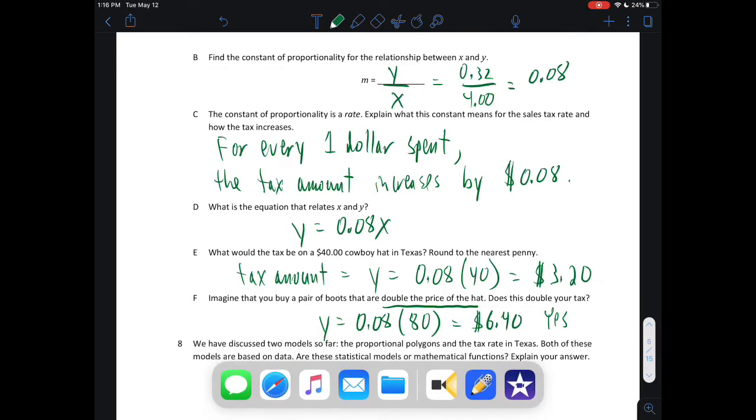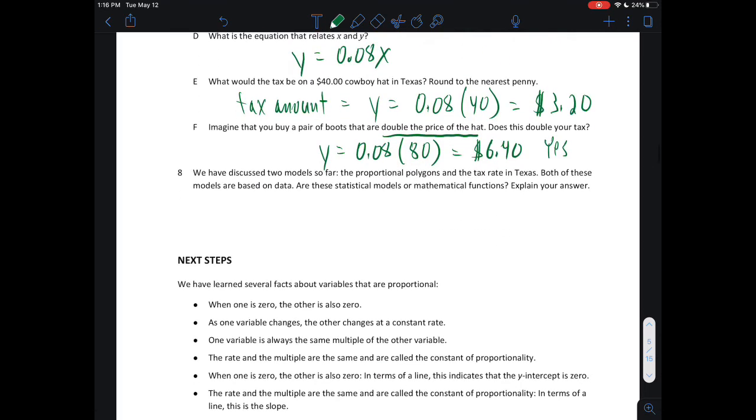So number 8. We have discussed two models so far, the proportional polygons and the tax rate in Texas. Both of these models are based on data. Are these statistical models or mathematical functions? Explain your answer. So what we can think of with this is, let's refer back to the tax problem.